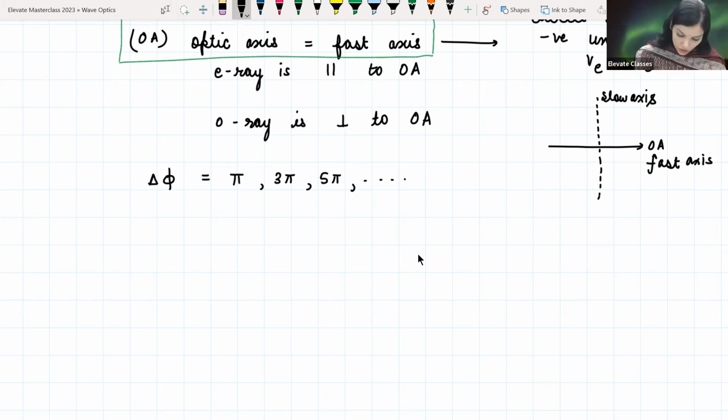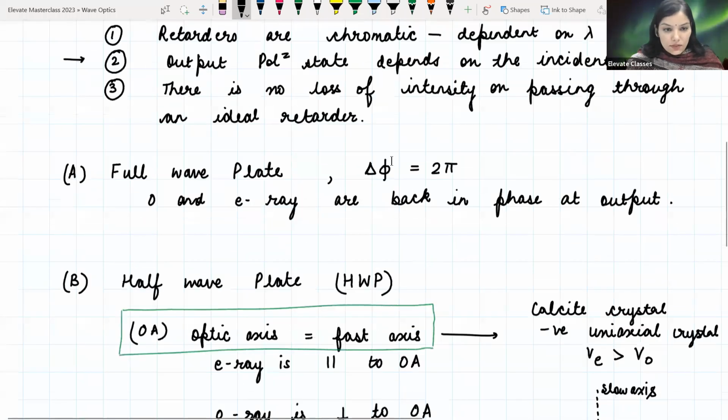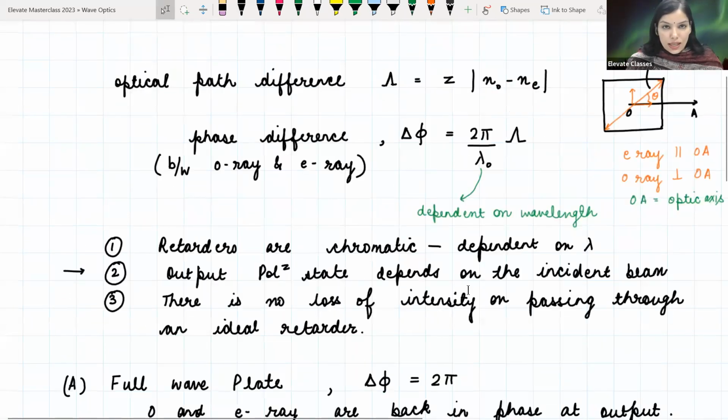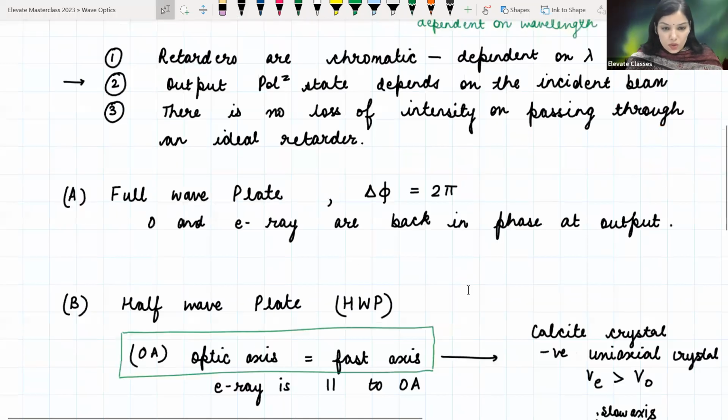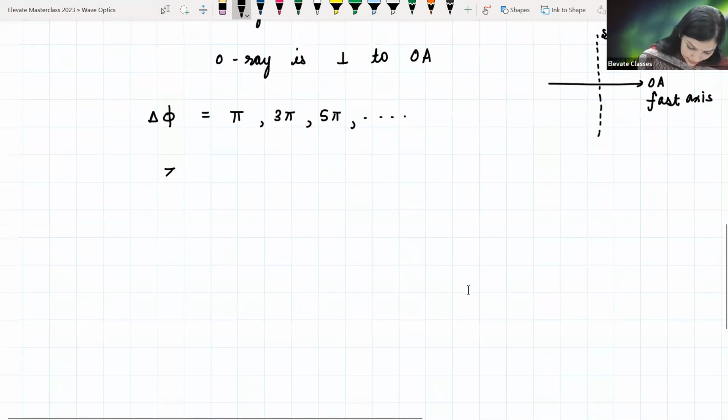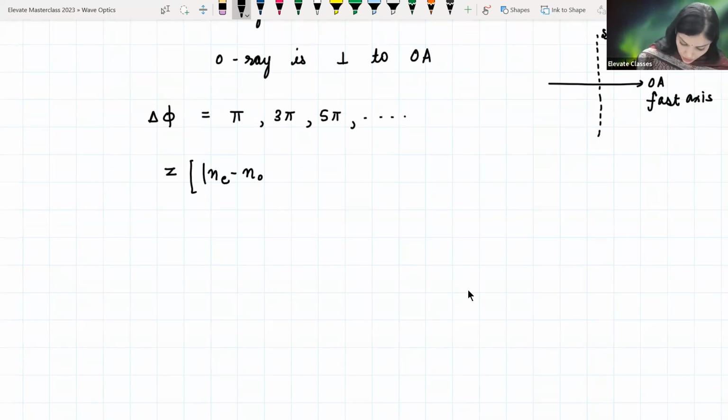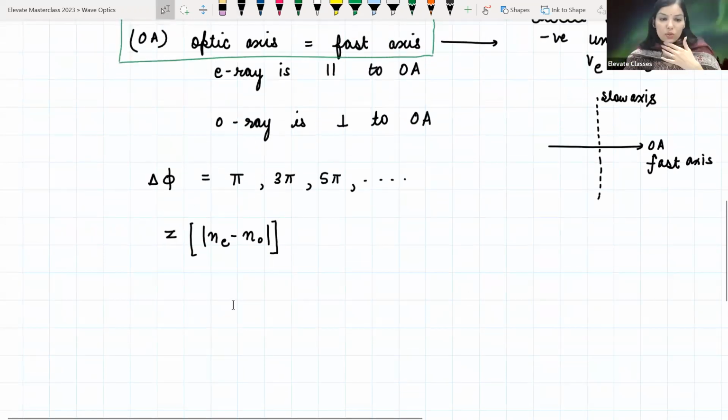Okay. So the formula for the optical path difference, the capital lambda, will be z times NE minus N naught. Here, do not get confused that I am writing NE sometimes first and N naught sometimes first. It doesn't matter. You only have to take the difference between the two.